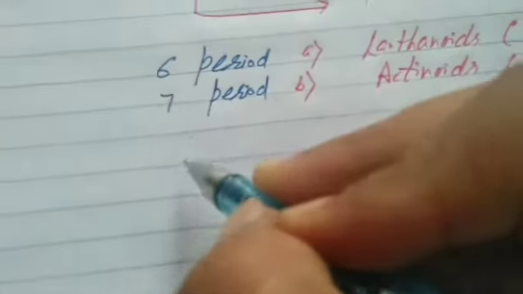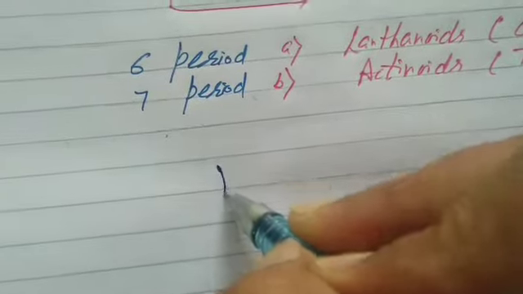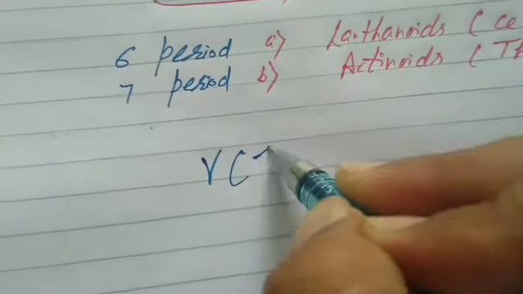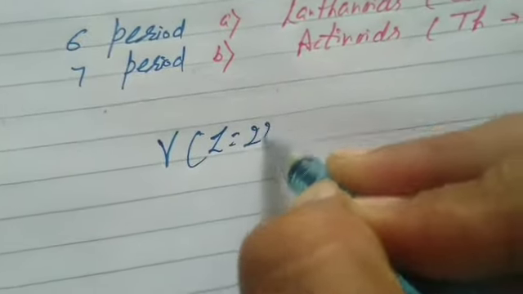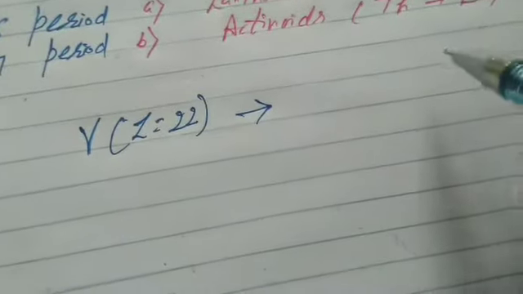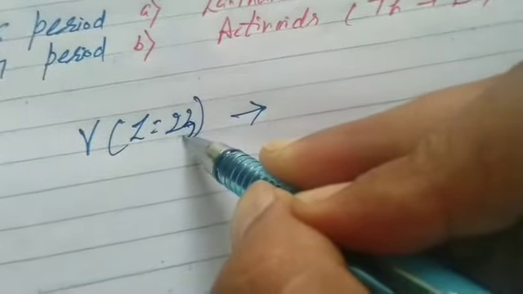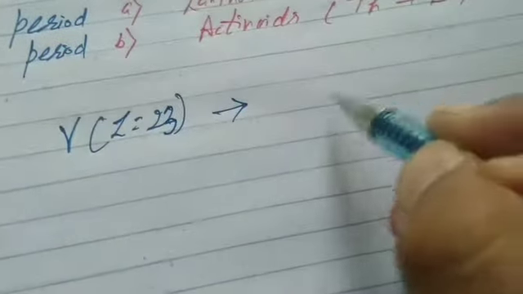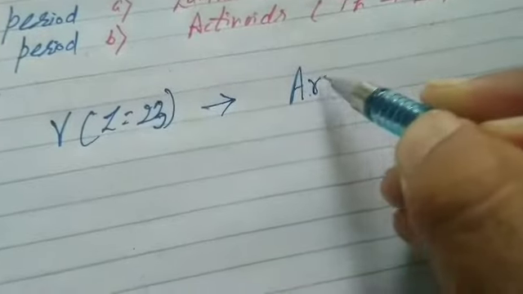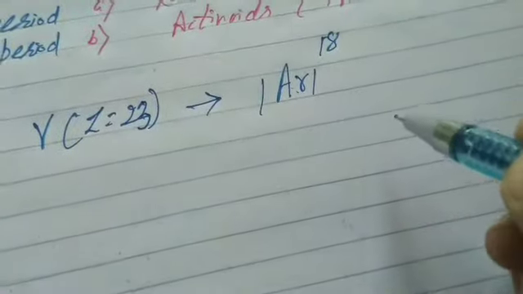Now please come to some examples. I mentioned the element vanadium, atomic number 23. Scandium, titanium, vanadium. Mention configuration, but you should know the configuration of all elements in the periodic table, and it is easy.